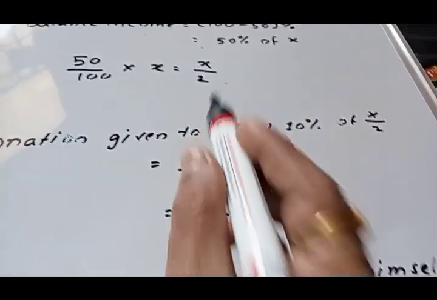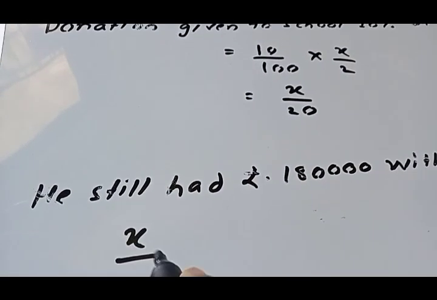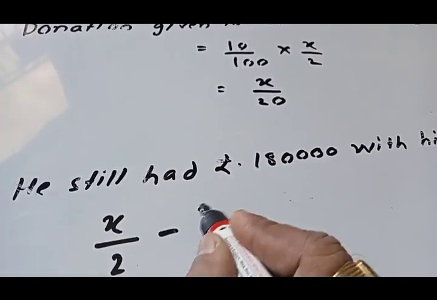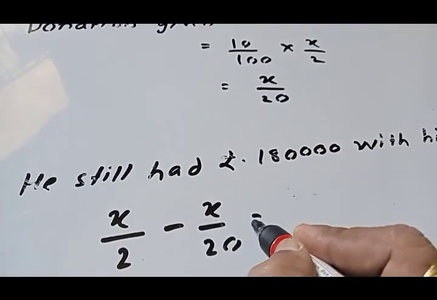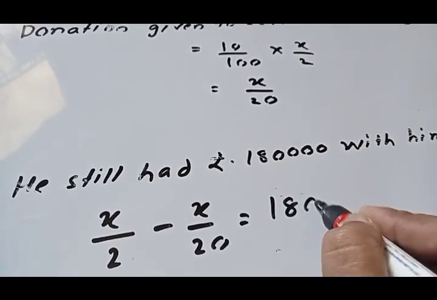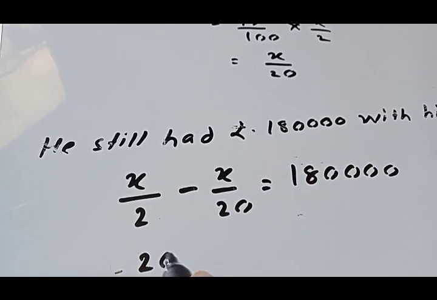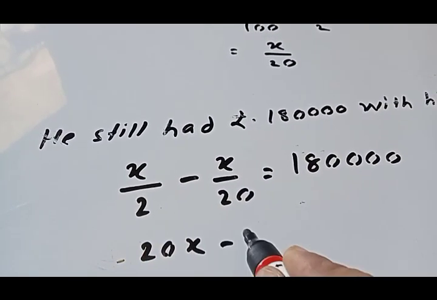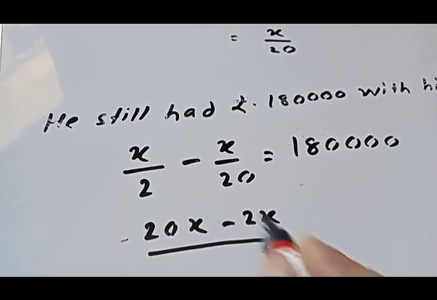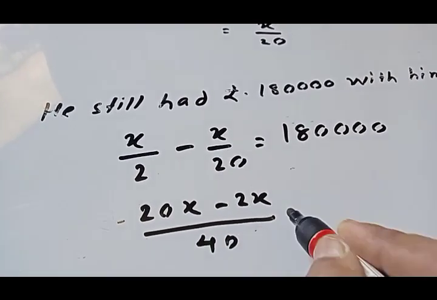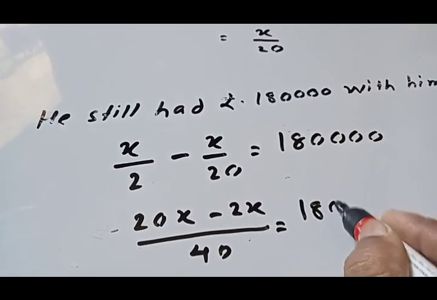So X upon 2 minus X upon 20 equals the balance 1,80,000. Taking the cross LCM 20: 10X minus X upon 20, that is 9X upon 20.